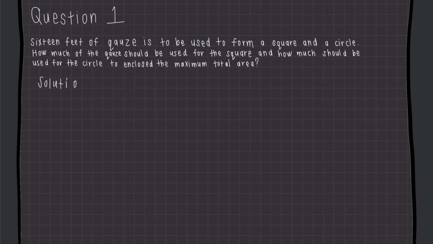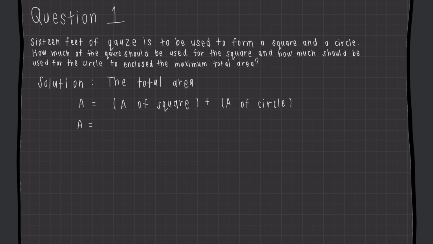So for the solution, we know that the total area is equal to the area of the square and the area of the circle. So we write A equals x squared plus pi r squared, which is the primary equation.